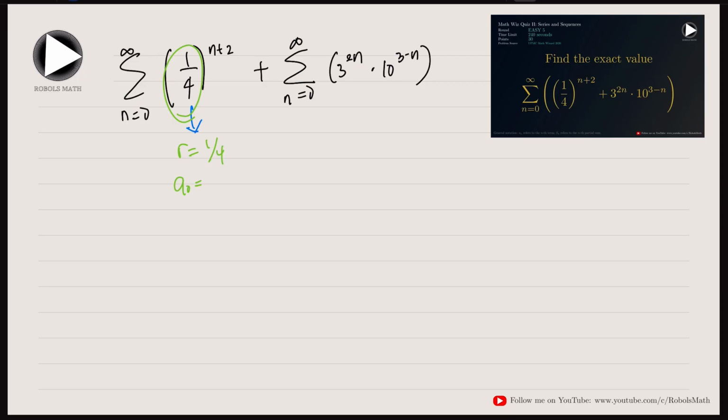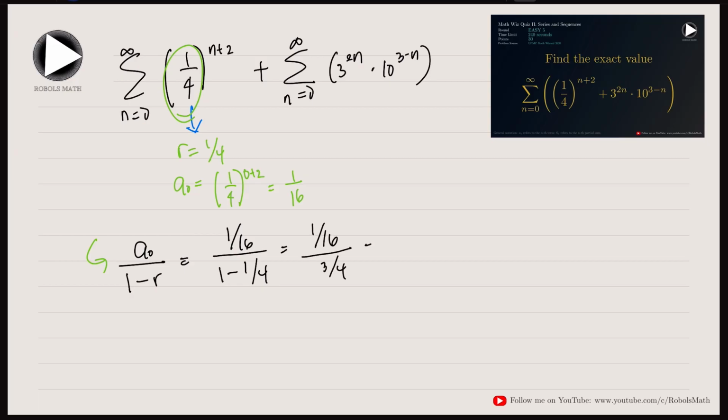So the first term here is 1/4 raised to 0 plus 2, or 1 over 4 squared, or 1 over 16. Therefore, the first expression is equivalent to a sub 0 over 1 minus r, which is 1 over 16, over 1 minus 1/4. That's 1 over 16 over 3/4, and if I cancel the 4 here, that should give me 1 over 12. Therefore, the first part is equal to 1 over 12.